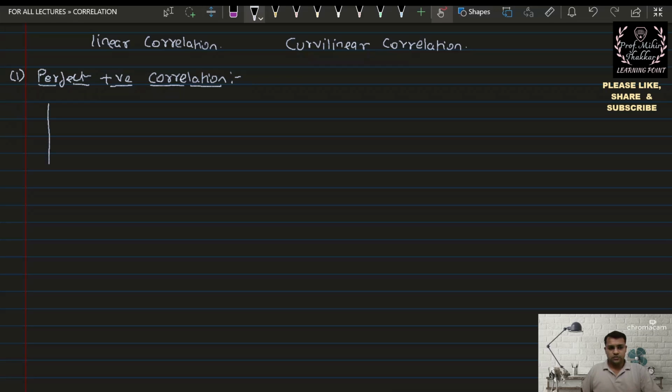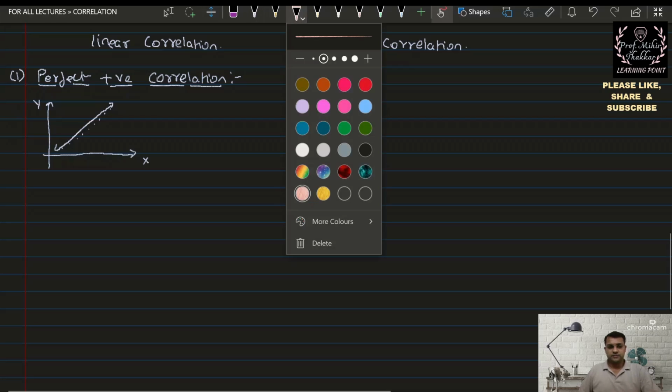Let us draw a rough diagram like this, with the x-axis and y-axis.